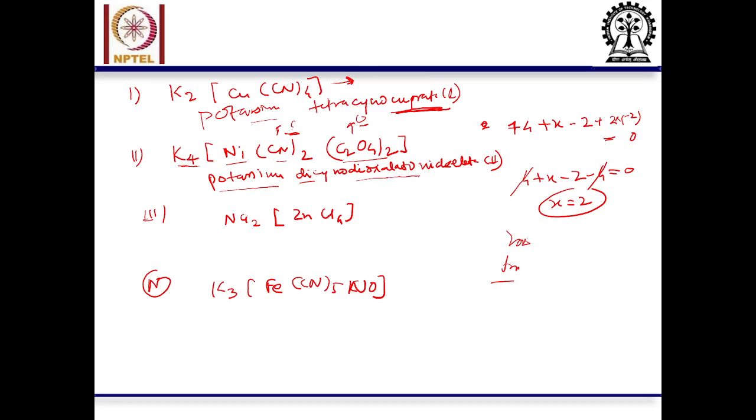Oxalate also doesn't contain di or tri, so we just write dioxalato, and nickelate, and nickel is not in the plus 4 oxidation state, it is plus 2. I already calculated on the side. Did you get it? You have also given spaces wrongly, like dicyano then space, all those things.